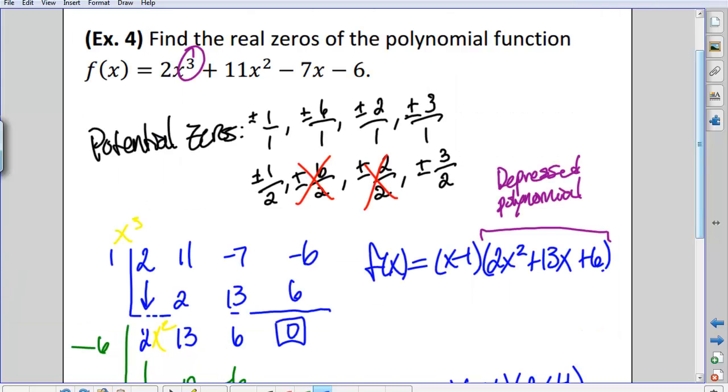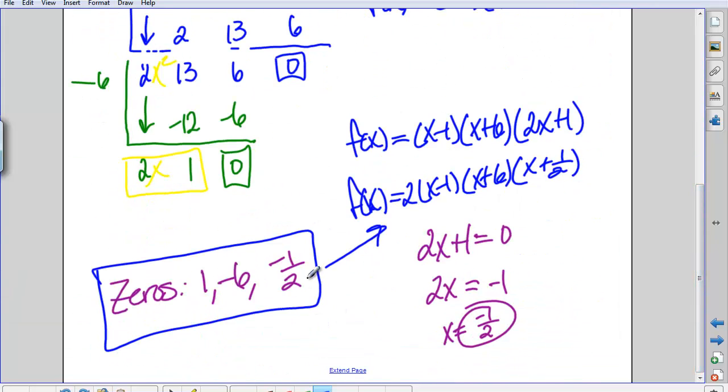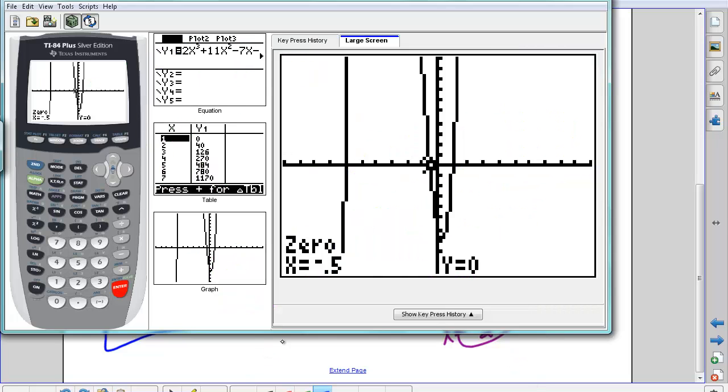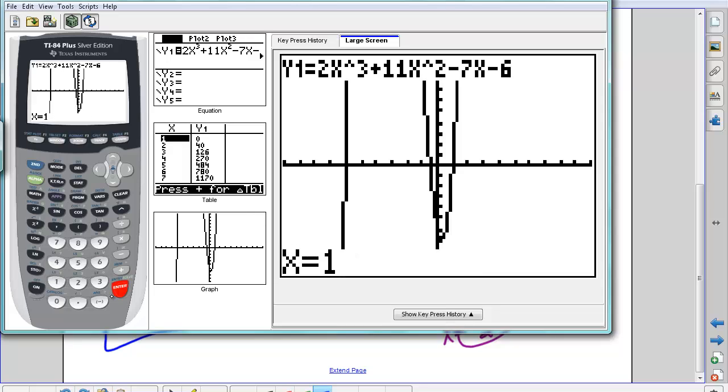Well, lo and behold, isn't that one of the zeros we came up with on our list? It's negative 1/2. And it doesn't take a stretch of the imagination to say, okay, that looks to be crossing at 1. Well, yeah, sure enough, if x is 1, that's a zero. And if I can count back 1, 2, 3, 4, 5 to negative 6, that's another zero. So our graph is very useful. We can actually get a really good picture of what our zeros are from our graph.